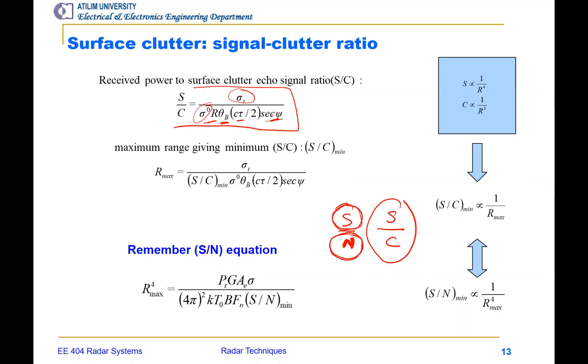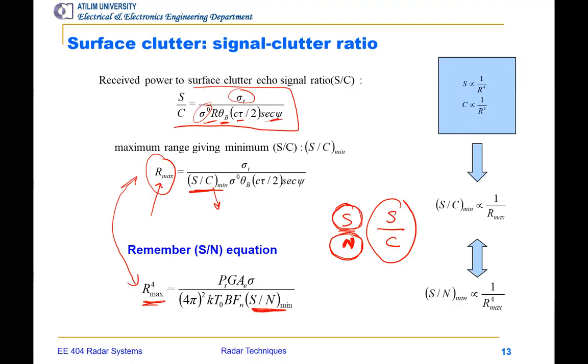Okay, and from here we can write maximum range in terms of S over C, signal power to clutter power ratio. When we minimize S over C, we maximize the range. Okay, and note that the same range equation was written previously for signal to noise ratio.